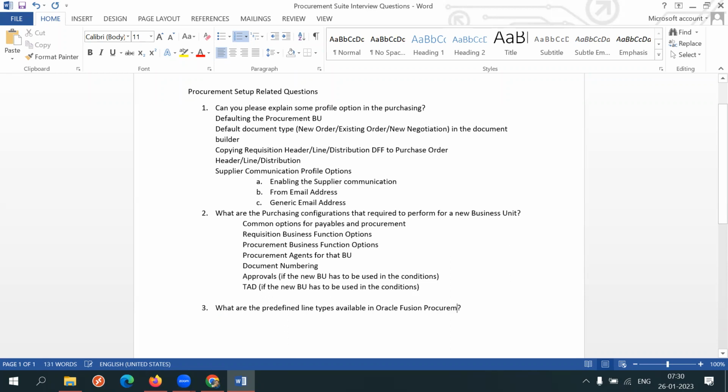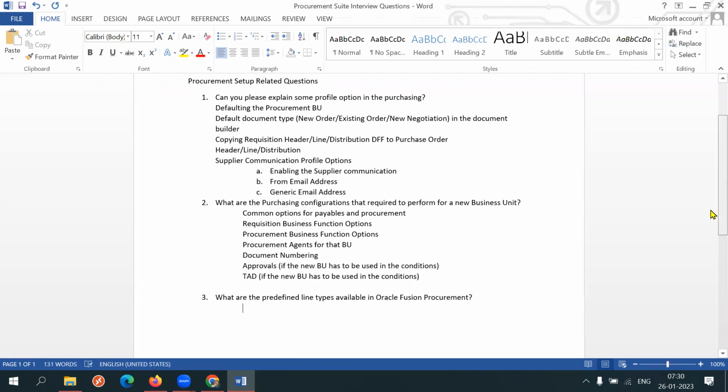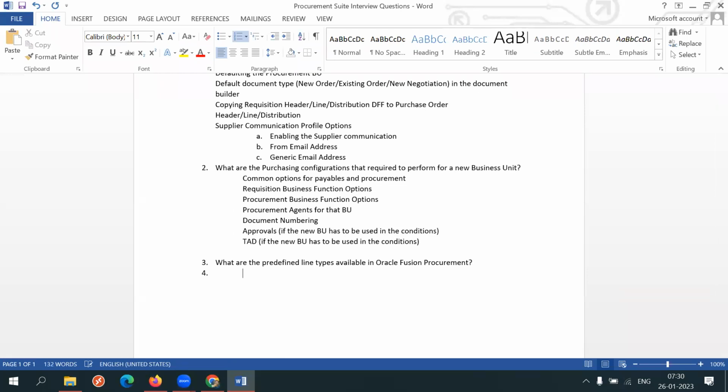Goods, fixed price services. Goods and fixed price services. The next question, a follow-up to this one.